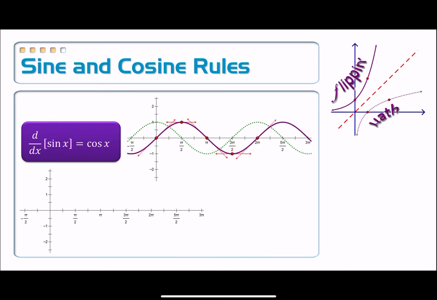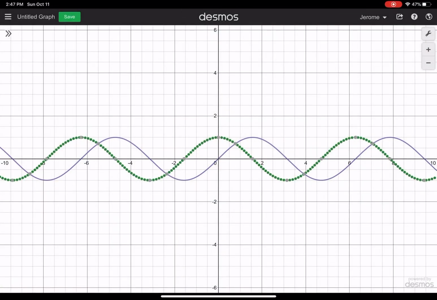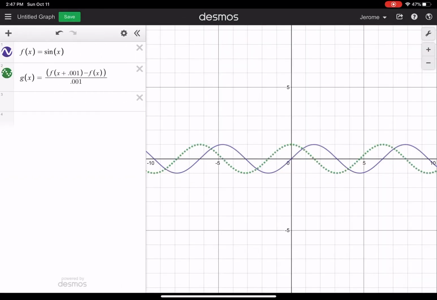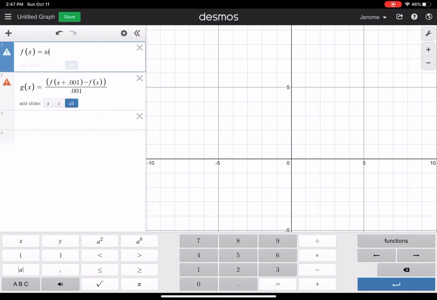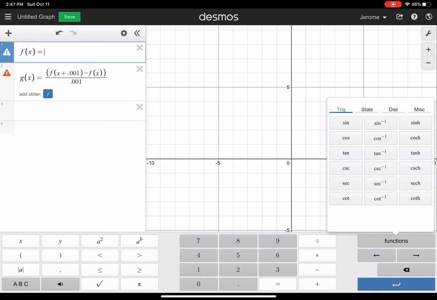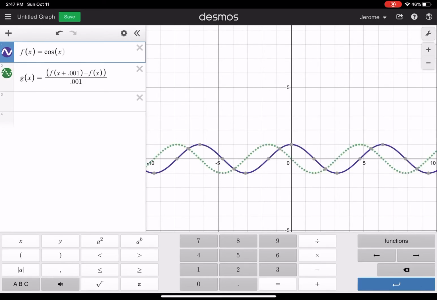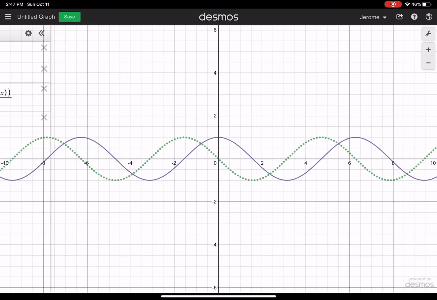Okay, let me go back over here to Desmos, and I'm just going to change my function. Let's change this sine function to cosine. Okay, so now cosine is the purple graph, and the green graph is its approximate derivative.